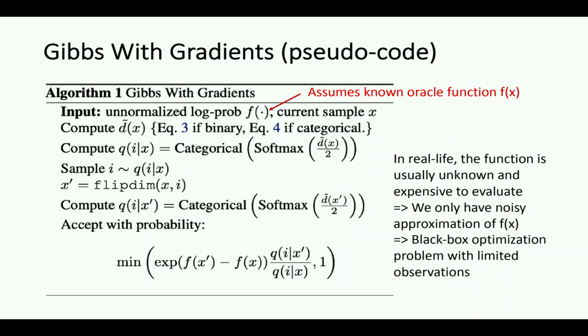And secondly, because we can't access the true function, we're only allowed to use a limited budget on which part of this function we can observe. So oftentimes we call this kind of problem a black box optimization problem, with a limited budget to observe the space.